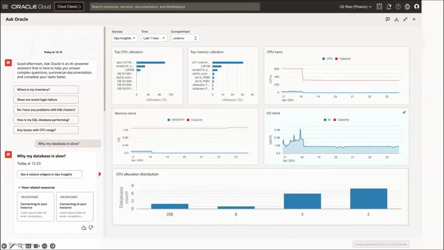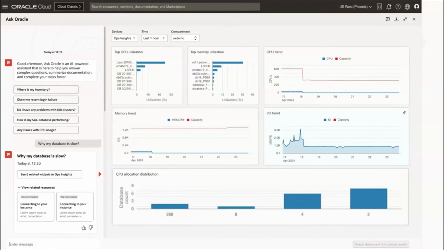Now, before we do that, there is another capability within this where you can also pin some of these widgets which you like based on your initial question. If you click on this pin, then this widget will be pinned and will be saved for future uses, right?